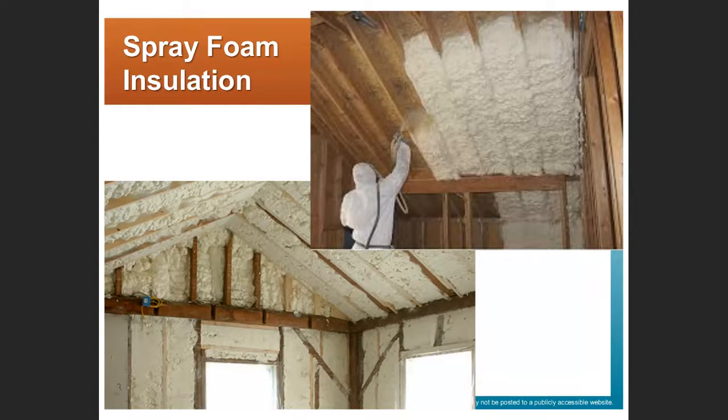Spray foam insulation will provide a substantially better barrier to air infiltration or air leakage than batt insulation. The downside is spray foam insulation is more expensive to install than batt insulation.